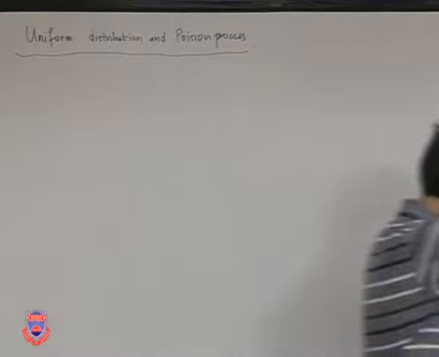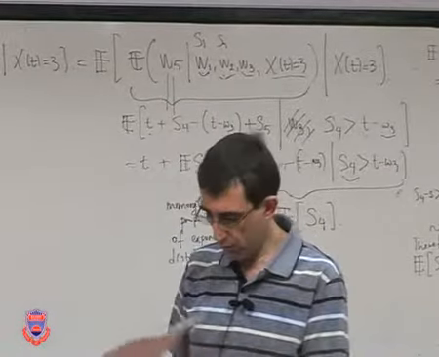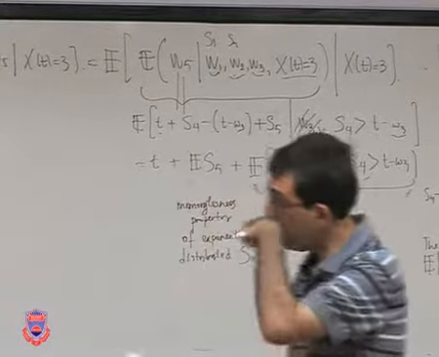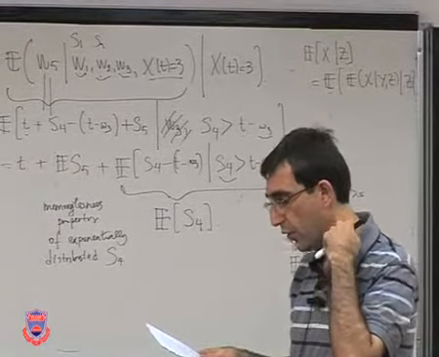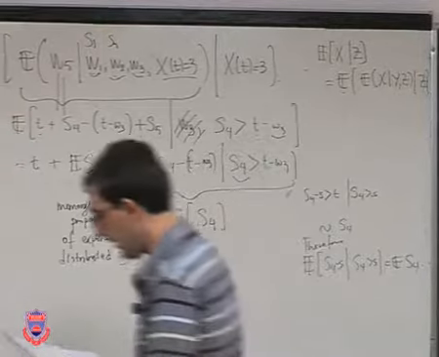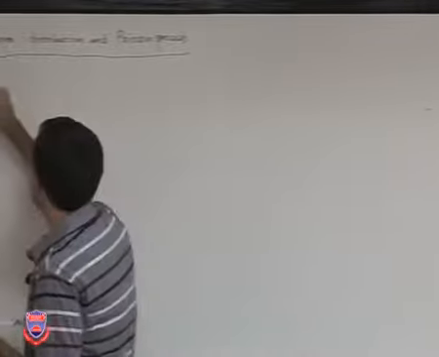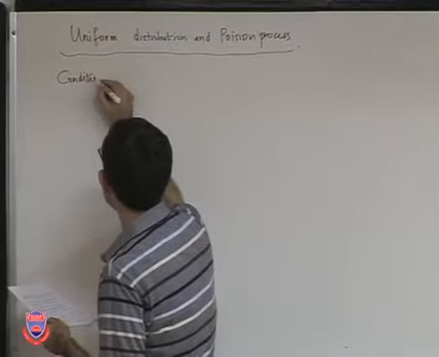So what we are going to see is that, conditioned on a fixed total number of events in a given interval, the locations of these arrival times have the same distribution as the ordered statistics of the same number of IID uniformly distributed random variables. Let me write it in English first.